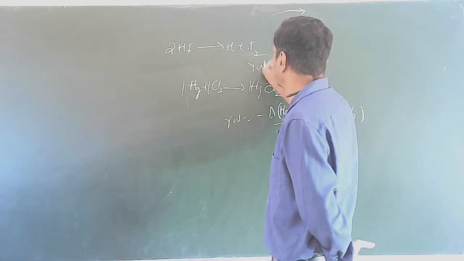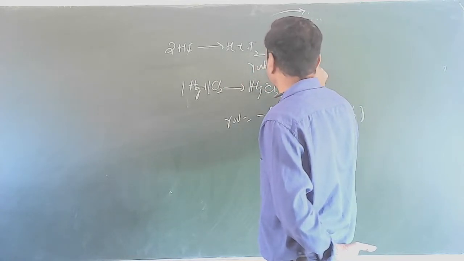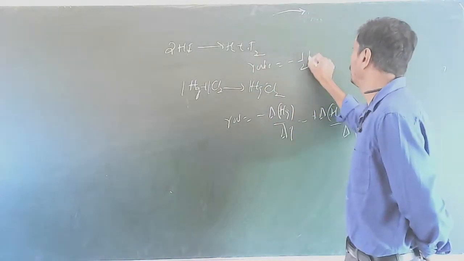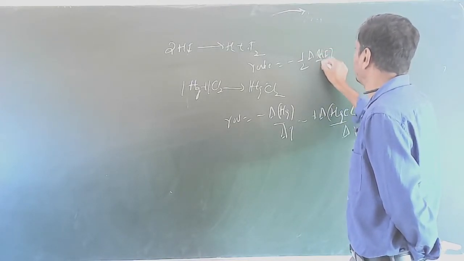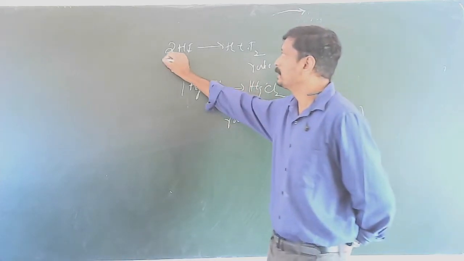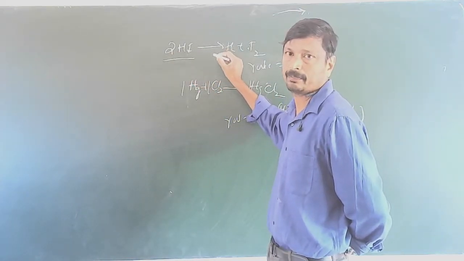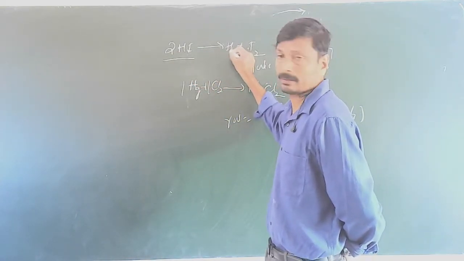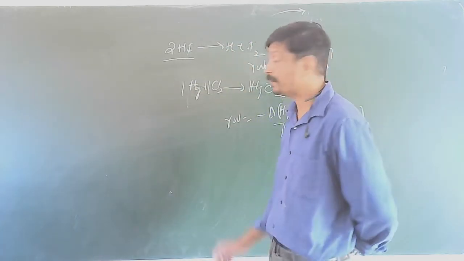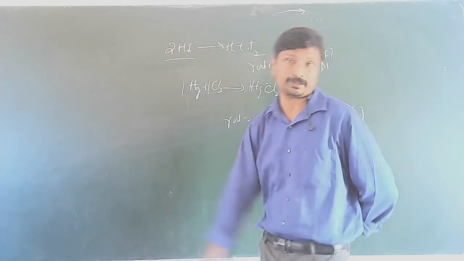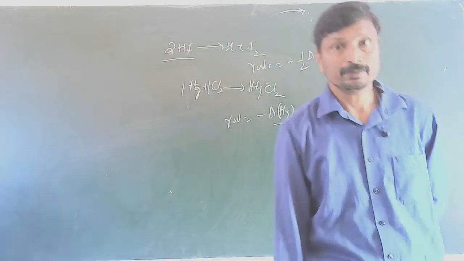Rate is equal to minus 1 by 2 delta HI by delta t. Here, the rate of disappearance of HI is double the rate of appearance of H2, or the rate of appearance of H2 is half of the rate of disappearance of HI. So that thing you have to remember.